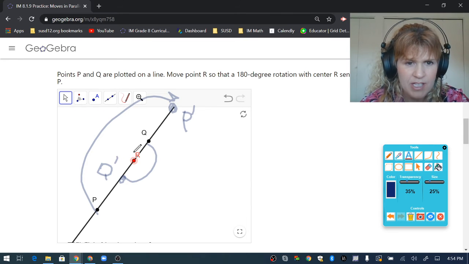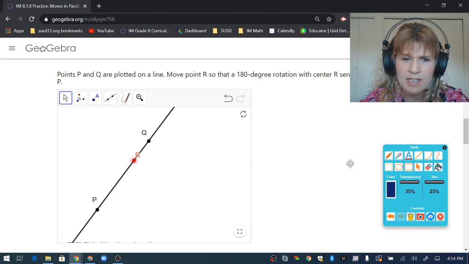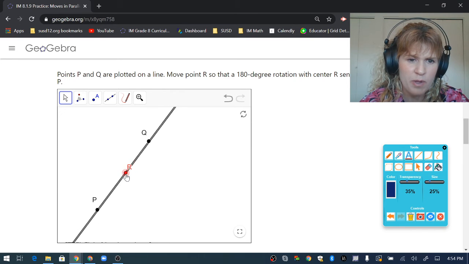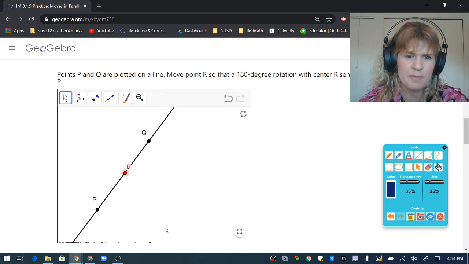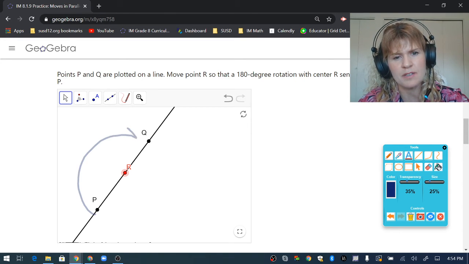So if I change this center point, then I can do it. So let's change the center point right here to the midpoint. There we go. Now P rotates to Q, and this becomes P prime.